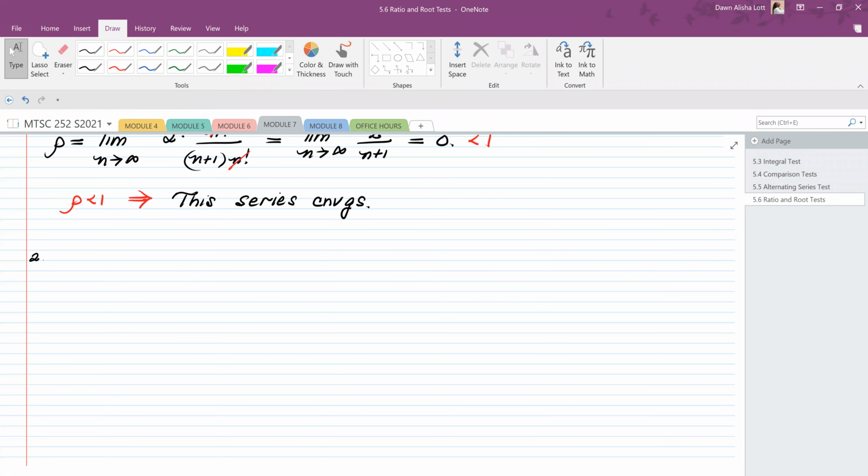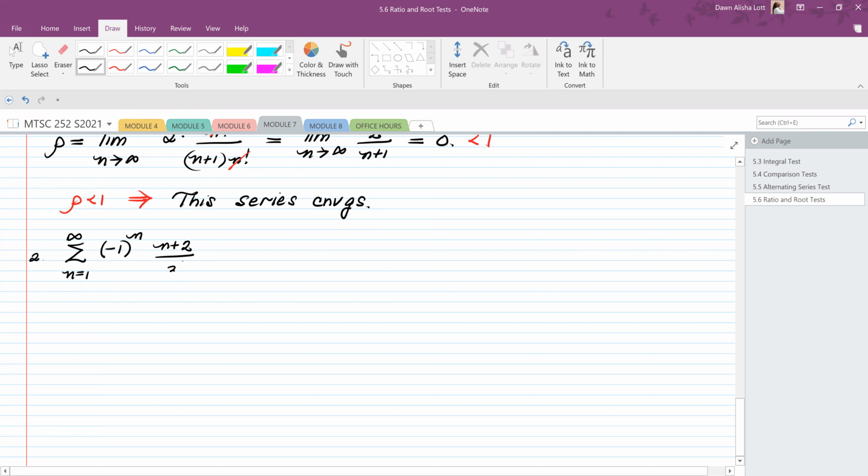Okay, so we have the sum n equals 1 to infinity of (-1)^n times (n plus 2) divided by 3 to the n. There are several things I can do with this problem. I could use the test of absolute convergence.